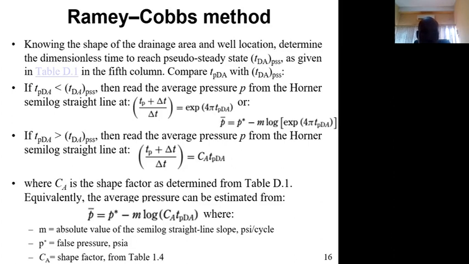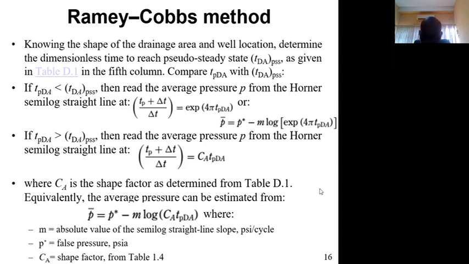So knowing the shape of the drainage area and the well location, one is to determine the dimensionless time required to reach the steady state, as given in the fifth column of table D1.